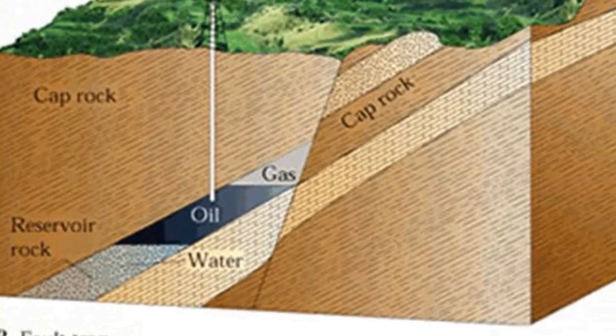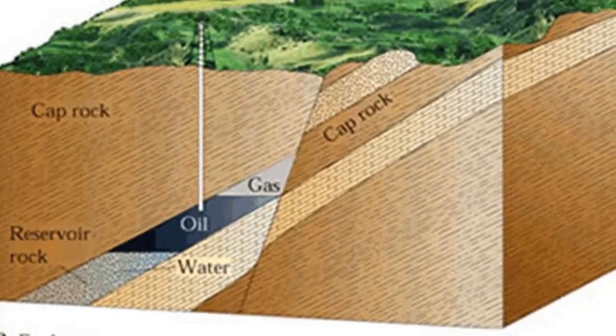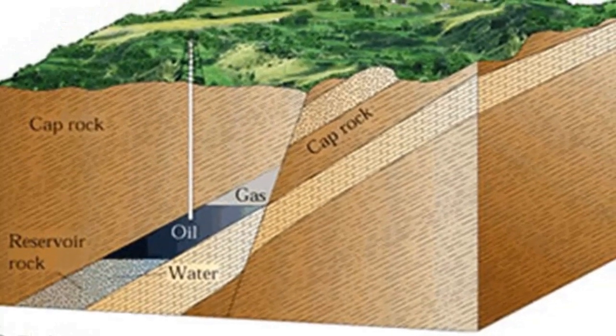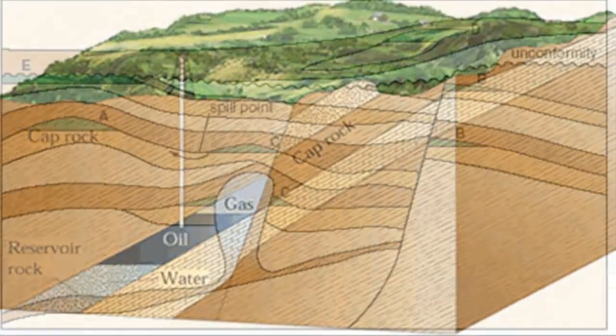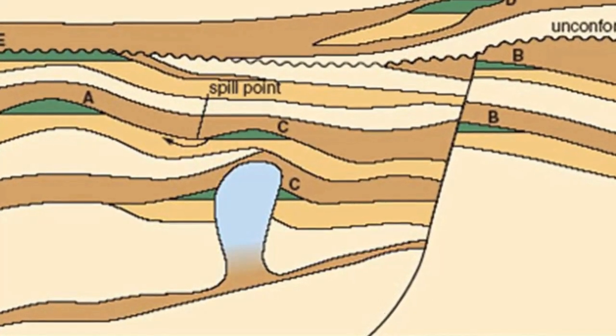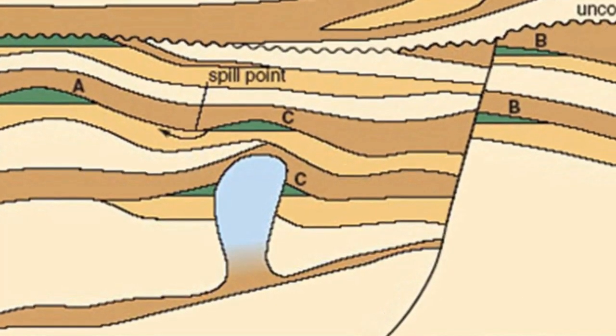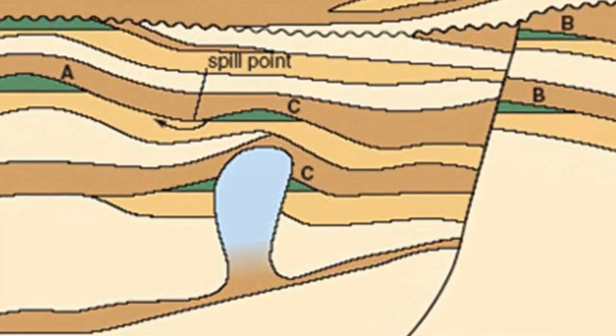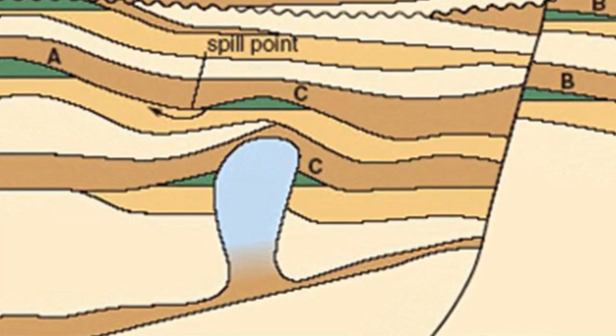In the Gulf coastal plain region of the United States, important accumulations of oil occur in association with salt domes. Such areas have thick accumulations of sedimentary strata, including layers of rock salt.